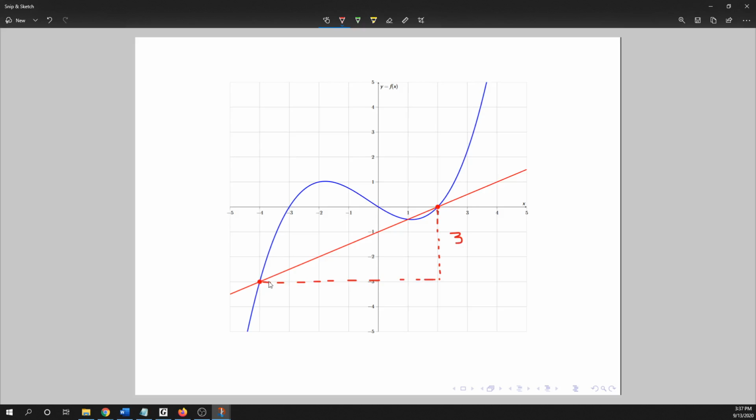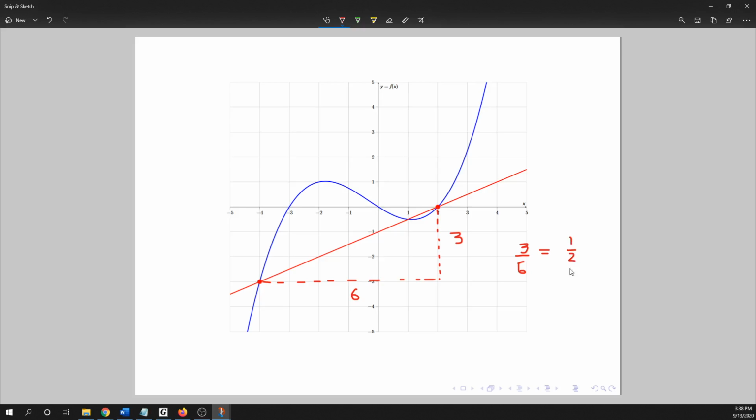The change in x is 1, 2, 3, 4, 5, 6. So the slope of that line would be 3 over 6, which is 1/2.